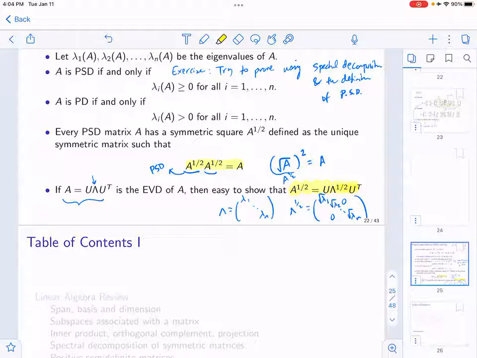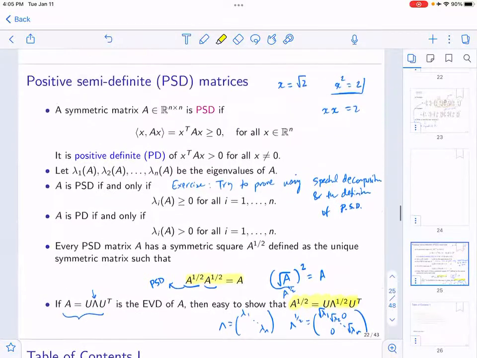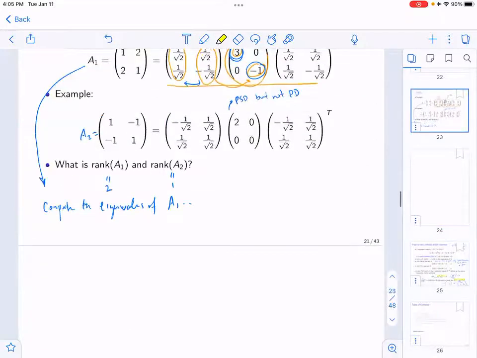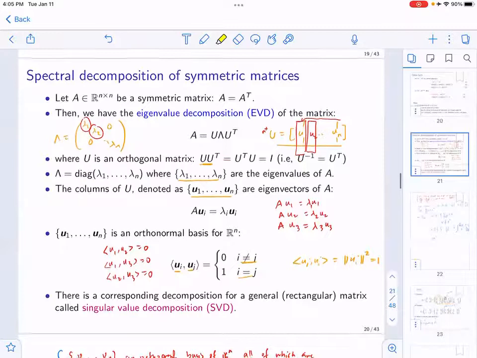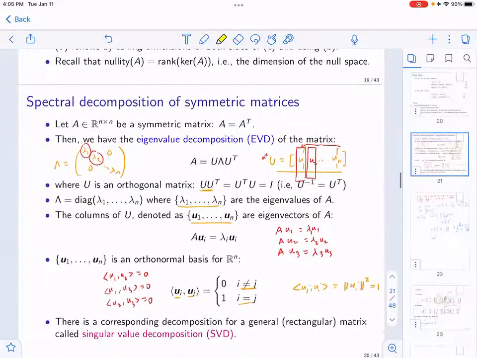So the most important thing that we covered, all good, okay, is projection. We'll come back to this. These other ideas are also important, but spectral decomposition and positive semi-definiteness are probably topics that you haven't seen presented like this.